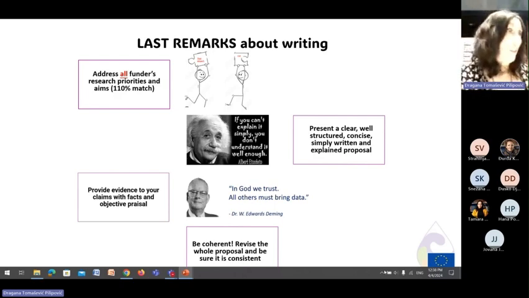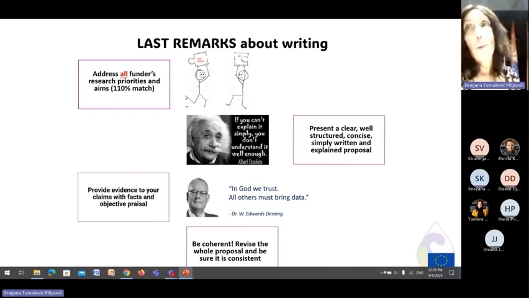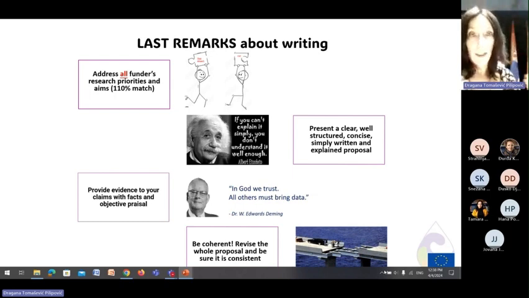And be coherent, right? So revise all your proposal, especially the implementation part, to be sure that you don't deliver something at month 13 in one point and at month 9 in another. This is a little bit time consuming, but it's very important. So be coherent and match the different ends of the bridge.